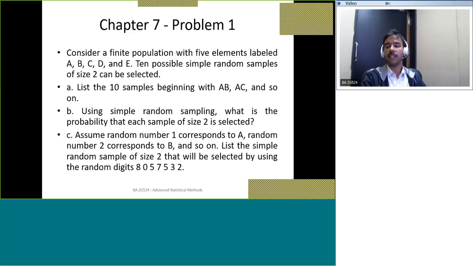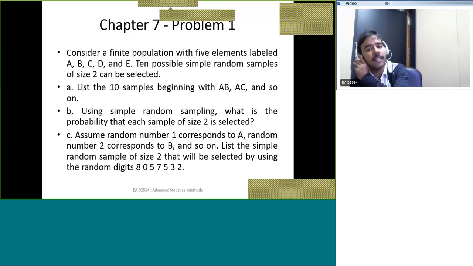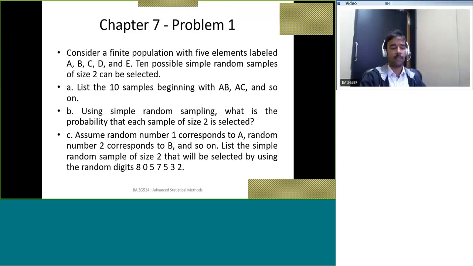So the chance of each being included in the sample is 0.1. Now, I have not added an interesting point in my slides. It is the random number table. So first of all, I'll add a point here, then I'll solve the question.